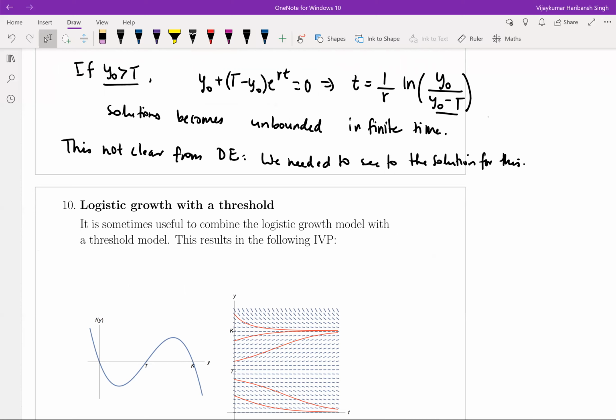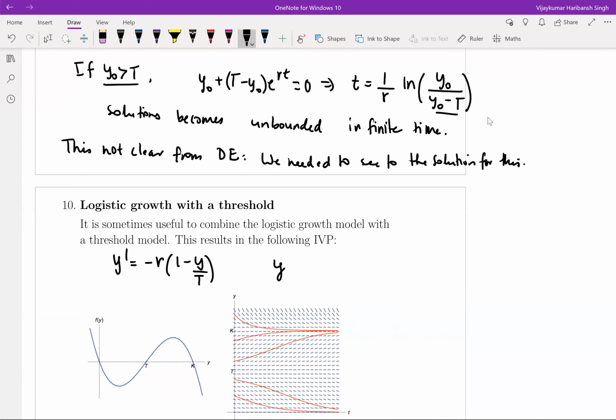Now, this is given by the following initial value problem. The differential equation for that is y prime equals minus r times (1 minus y by t) times y.